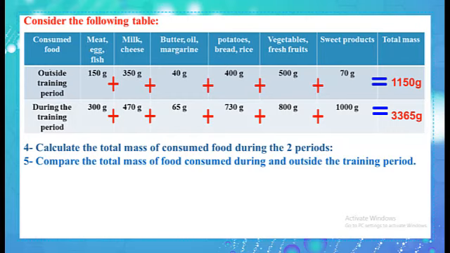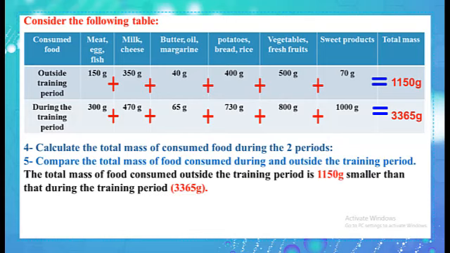So we say that the total mass of food consumed outside the training period is 1150 grams, less than the total mass of food consumed during the training period, which is 3365 grams. Number 6. Draw out a conclusion.